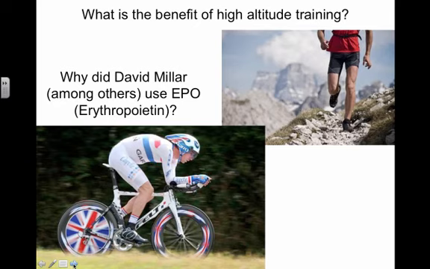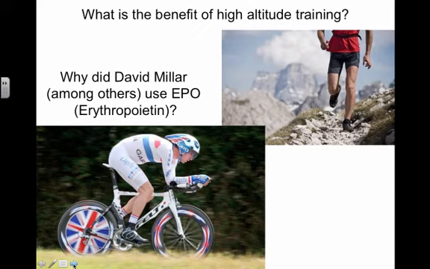Okay, now probably you've all heard about high altitude training, and maybe you can guess why high altitude training would be good for you. It turns out that if you go to high altitudes, your body detects that you're not getting enough oxygen and secretes a hormone called erythropoietin, which increases the amount of red blood cells you use.